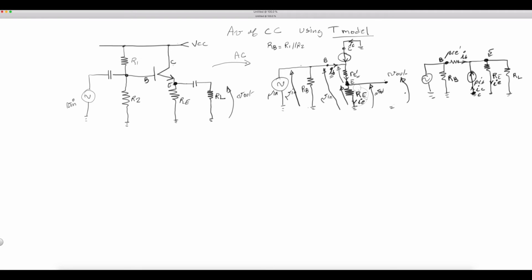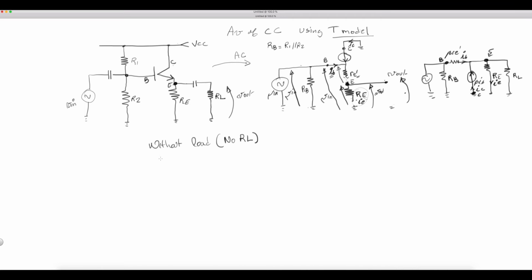That means without load, this IE is the same as this one. So that's going to be significant. Without load, in other words, no RL, the same current is going to go through little RE and big RE.